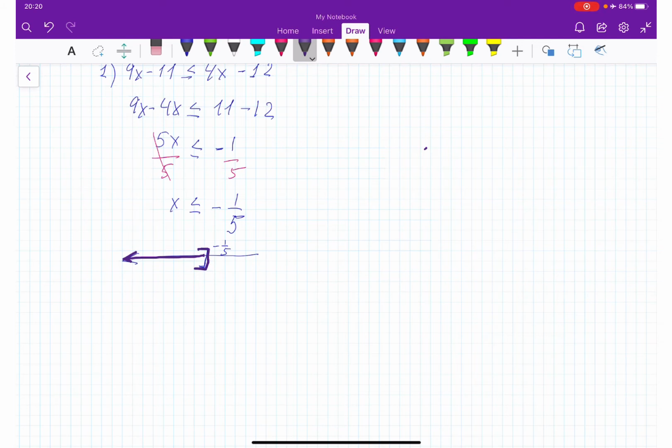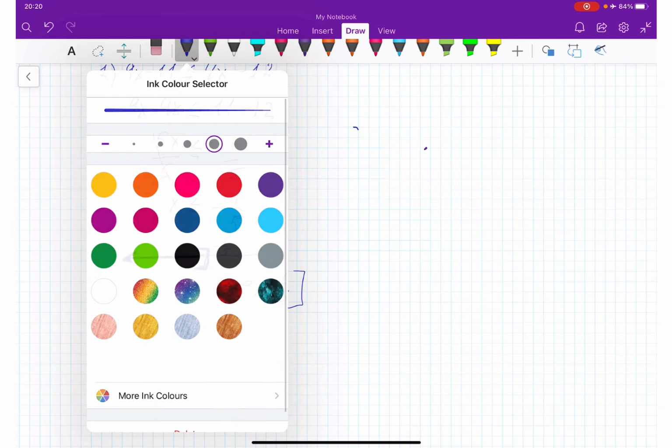Or in interval notation, it's going to be from negative infinity to negative 1/5, and 1/5 is going to be in a square bracket.